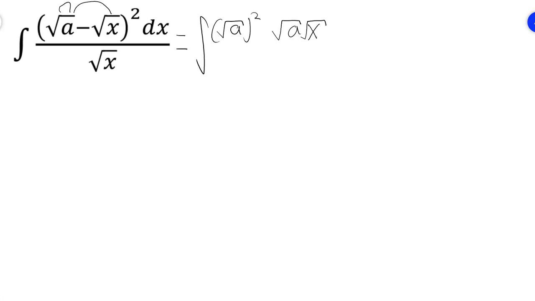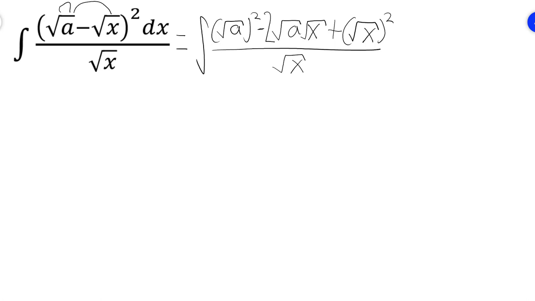Remember, this is done 2 times, so we add the 2 over here, and we have a minus sign because we have a minus sign over here. And finally, we have this x square rooted to the power 2, and this is going to be plus. There we have it, and this is all divided by the square root of x.